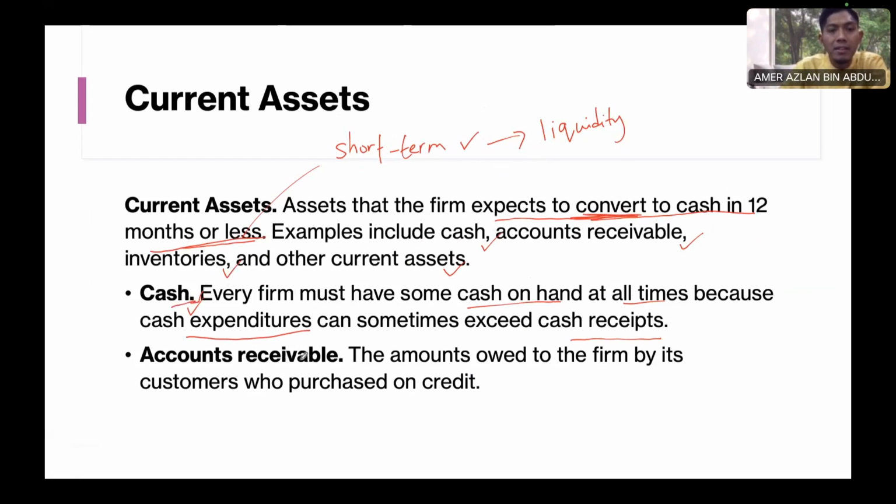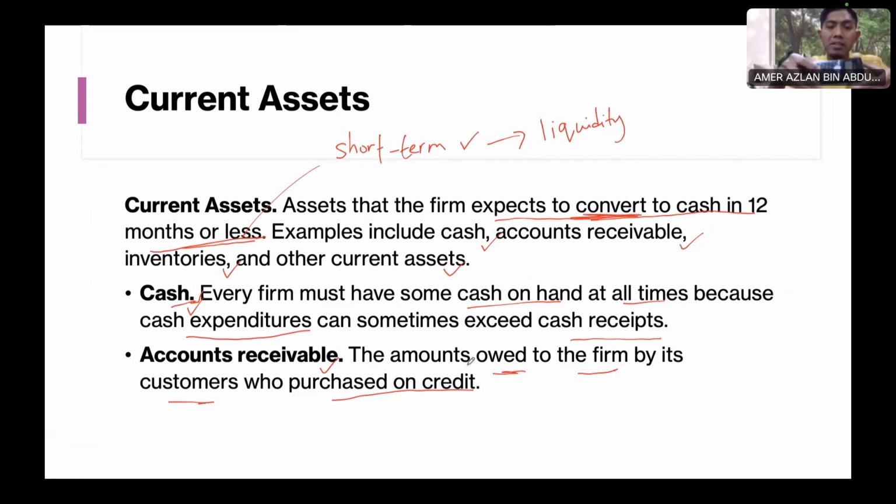Next type of current asset is account receivable, which is the amount owed to the firm by its customers who purchase on credit. This is where you sell your items to your customers, and your customers bought this item not cash in hand, but they bought the item on credit.